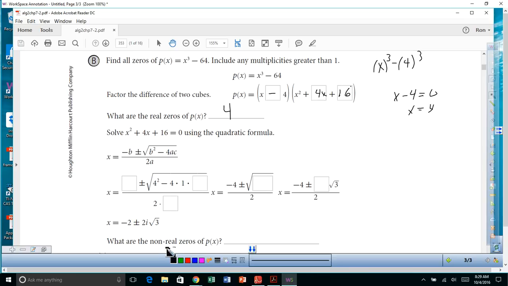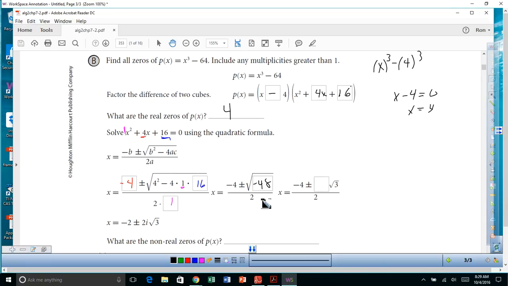Negative b is going to be negative 4, plus or minus the square root of 4 squared minus 4 times 1 times 16, all over 2 times 1. 1 is the a. Do the arithmetic: 4 squared is 16 minus 64, which gives you negative 48.